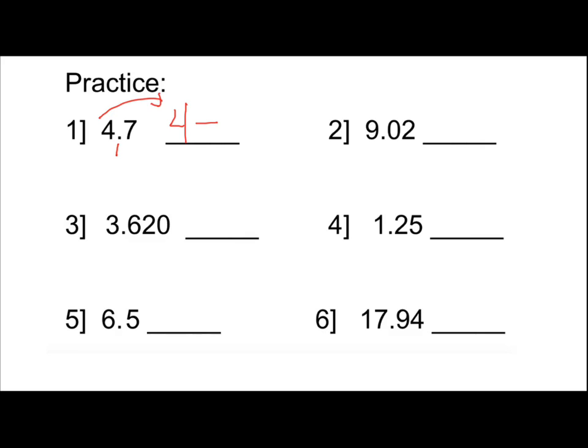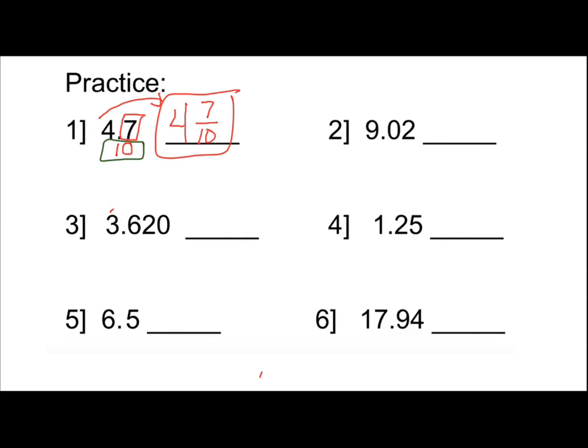Then I'm going to write a 0 underneath every other digit in that number. So the 7 gets a 0. So now what is behind my decimal becomes my numerator. What is underneath becomes my denominator. So this becomes 4 7/10. This is in simplest form, so this is my final answer.